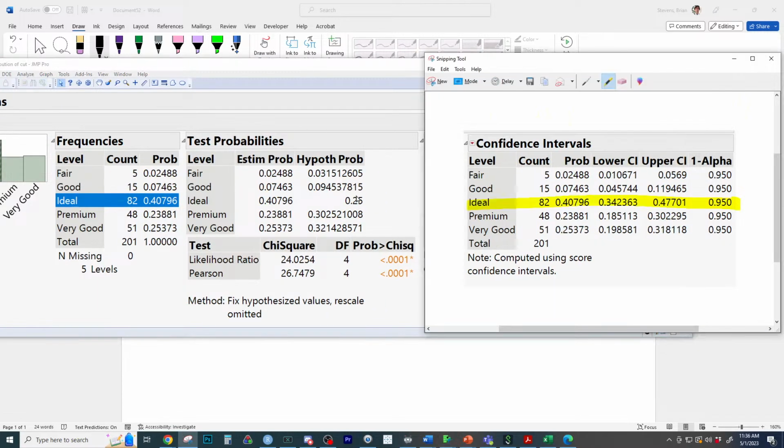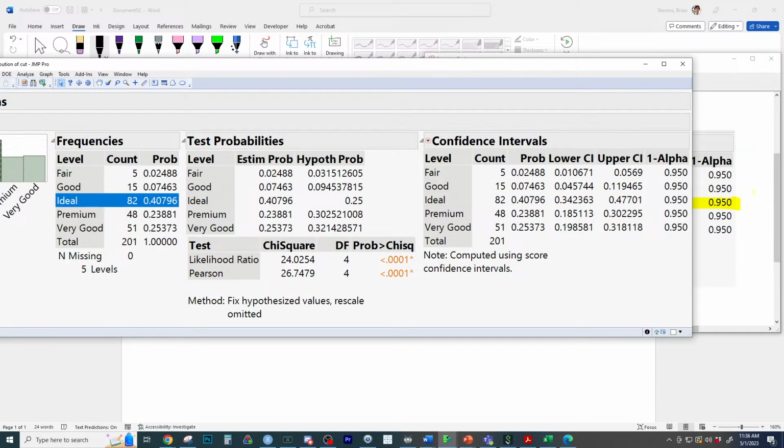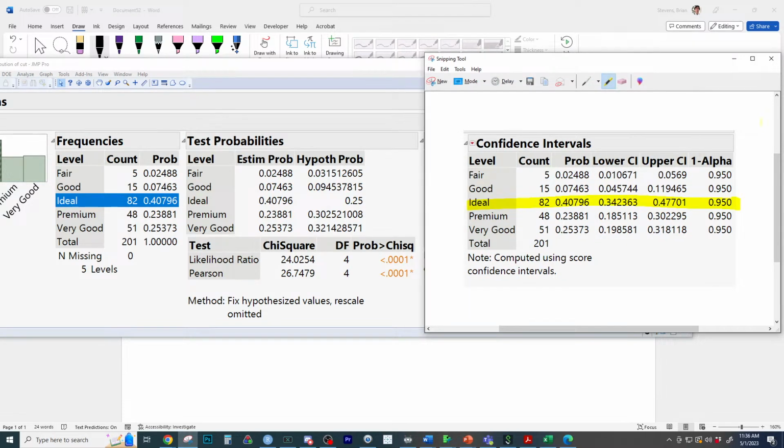So if we put this right here, you see the 25%. What about my interval? Look at the interval right there. What about 25% is interesting? We're speaking specifically about the lower and the upper right here of the interval. The lower and the upper, what is interesting about this?